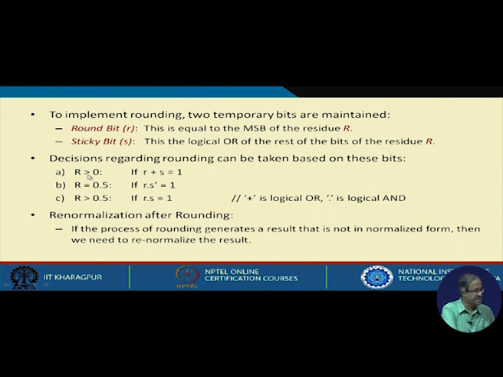Whether R is greater than 0 or not, you can know by seeing if either R or S is 1, where plus means logical OR. R is exactly equal to 0.5 means R is 1, but S is 0, that means the remaining bits are 0. R is greater than 0.5 means both R is 1 and also S is 1, where dot is logical AND. After you check this, depending on which kind of rounding method we use, you may have to do a renormalization of the number, so that the mantissa first bit becomes 1.